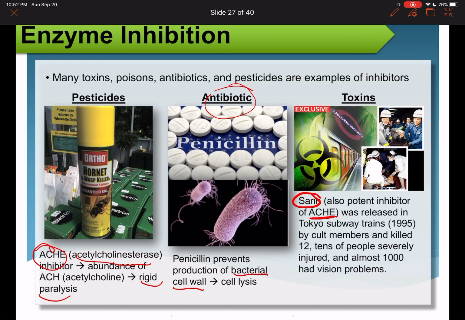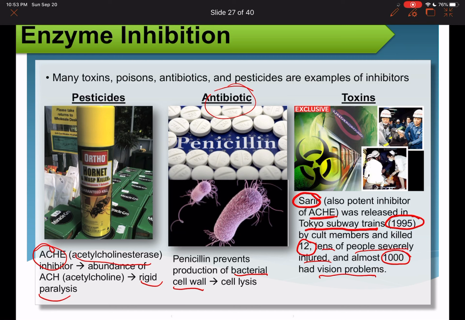And this was actually released in Tokyo subway trains back in 1995 by cult members and killed about 12 people, and tens of thousands of people were severely injured. Almost 1,000 of those people in the subway train ended up with vision problems. Okay, so this is a very potent toxin that was released.